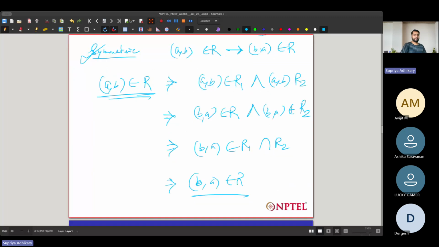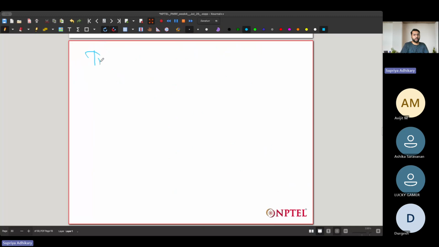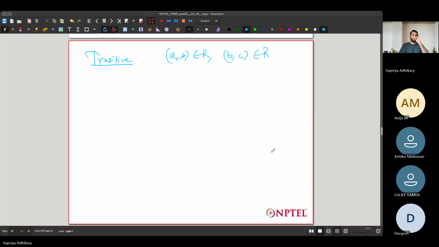And finally, we need the transitivity. For transitivity, we have AB in R and BC in R. Since AB is in R, we can say that AB belongs to R1 intersection R2.